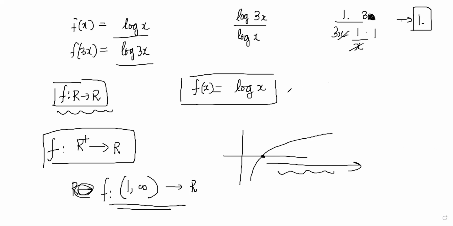It will be positive, it is increasing, and the limit as x tends to infinity of f of 3x by f of x is becoming 1.